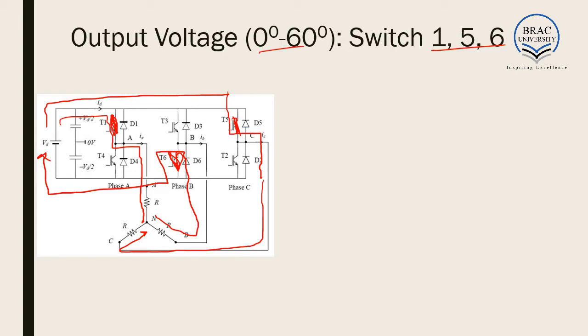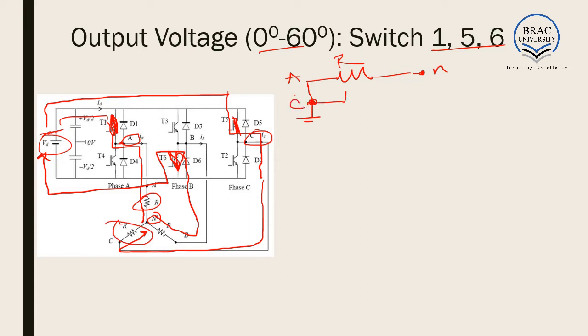From the neutral, in this direction, it reaches the negative. That is, from the positive side of the voltage source it goes to phase A through a resistor to the neutral. This resistance is R. Again, from the positive side of the voltage source it goes to phase C through a resistor into the neutral.